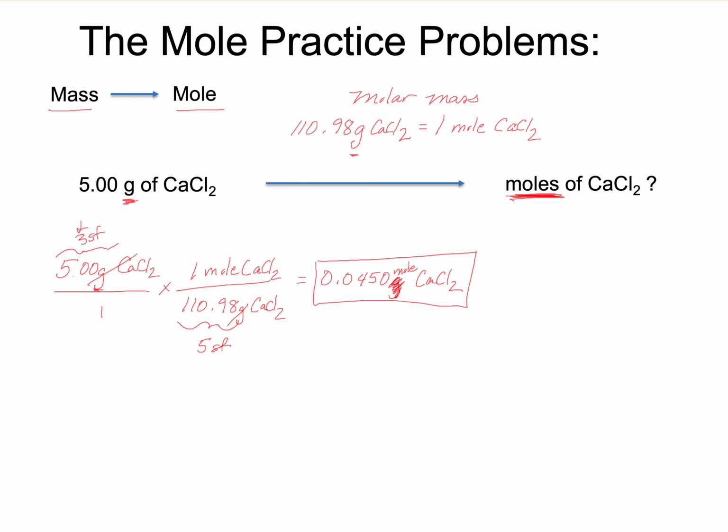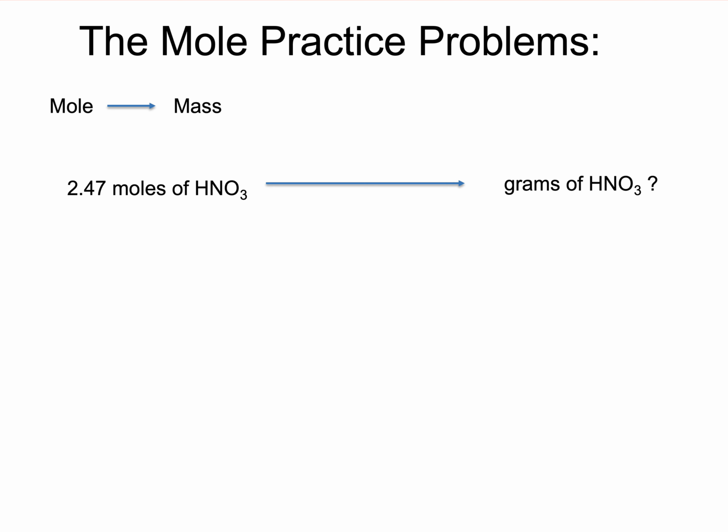All right, so let's try this one more time. Let's do a calculation where we're going the opposite direction, from a mole value to a mass value. Now, our conversion factor, the number of the molar mass, will be different because we're using a different substance. So the molar mass for nitric acid, which is HNO3, is 63.02 grams, and that would be equivalent to 1 mole of HNO3.